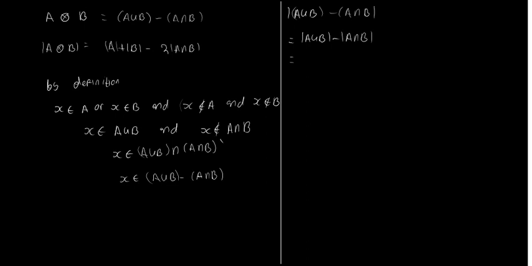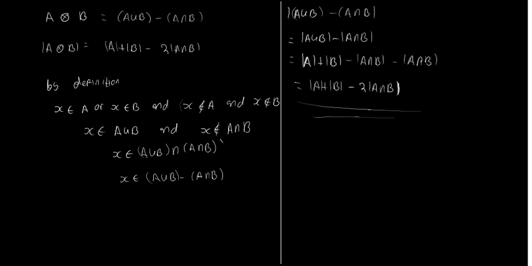Then if we separate the union, we're going to have A plus B, but when we're counting, we subtract the intersection. This portion here is just from this one minus this A intersection B that we have here. From this point, we get A plus B minus 2 times A intersection B. So this is just a trivial proof.